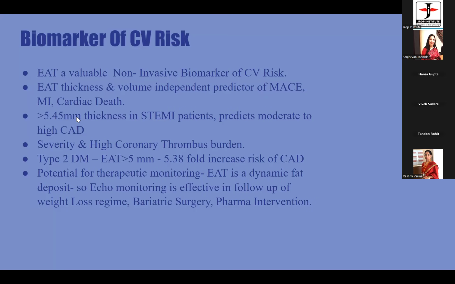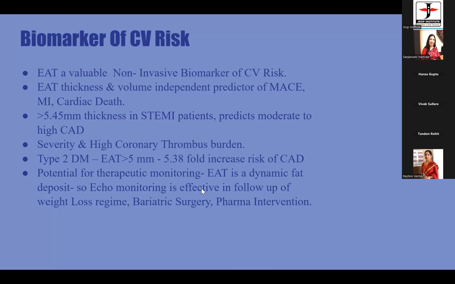In studies, it is found that a thickness of more than 5.45 millimeters in patients with STEMI predicts moderate to severe CAD and high coronary thrombus burden. In type 2 diabetes mellitus, EAT more than 5 mm is associated with a 5.38-fold increased risk of CAD.